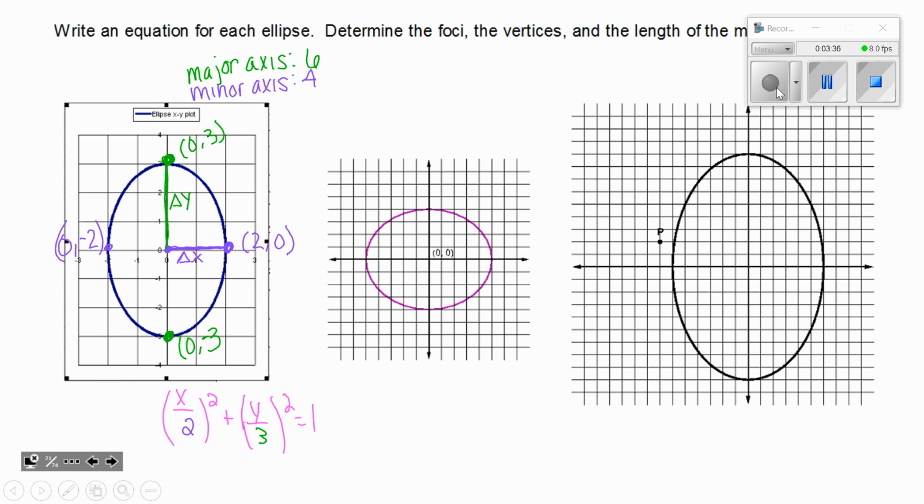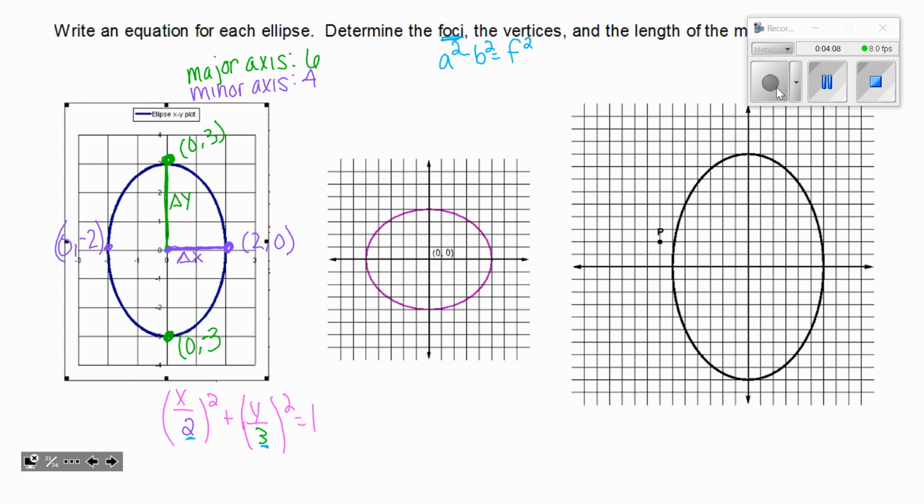And then the only thing we have left to deal with is this thing about those focal points. Where is the focus? So for these ellipses, the equation for the focus is a squared minus b squared. And I use f instead of c, because otherwise I'll get it mixed up with some other things. But that focal point, the focus point, needs to stay inside the shape. A and b are the numbers, the change in x, the change in y.